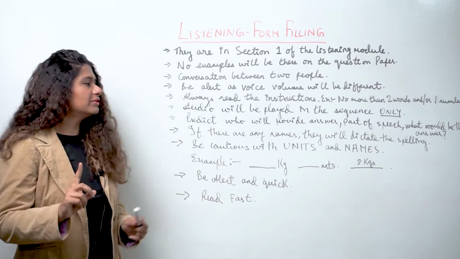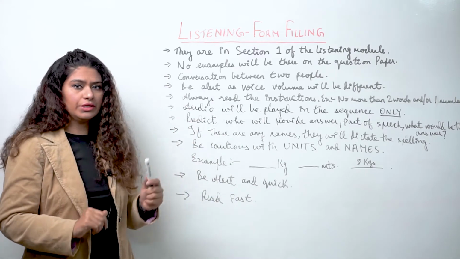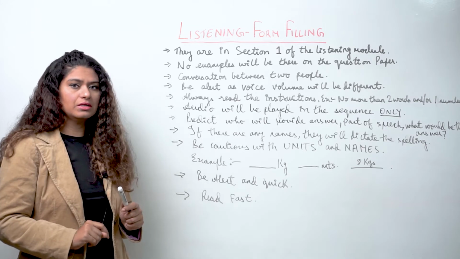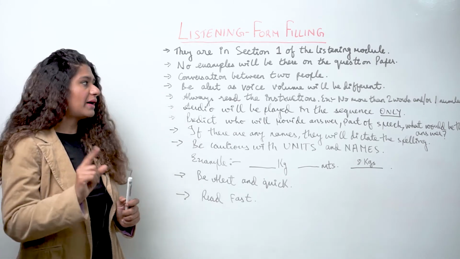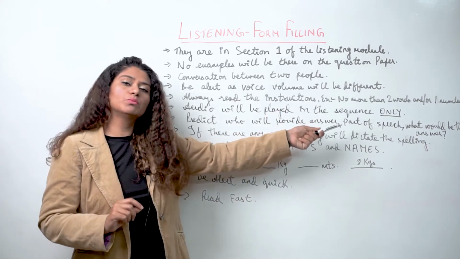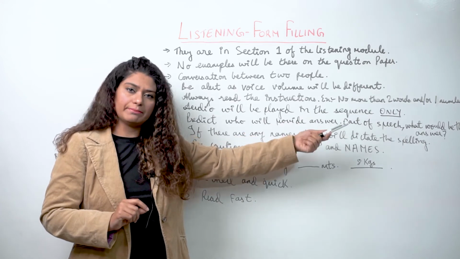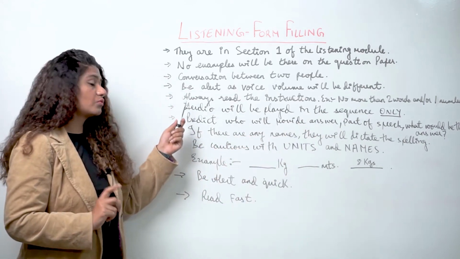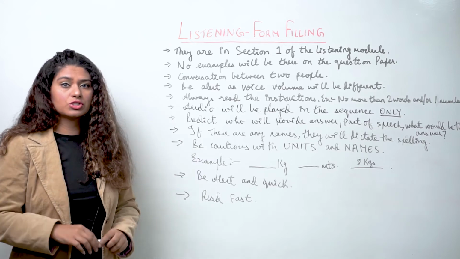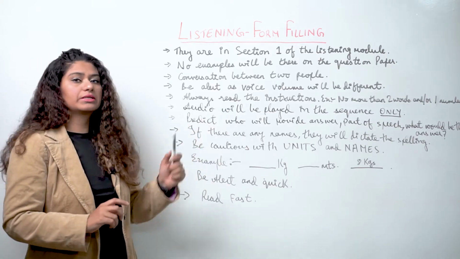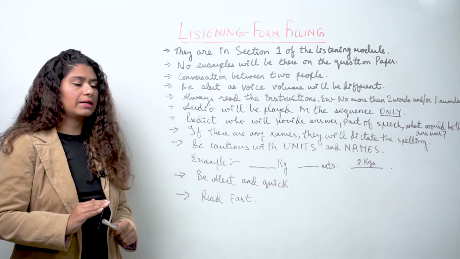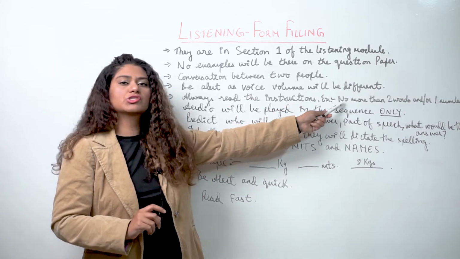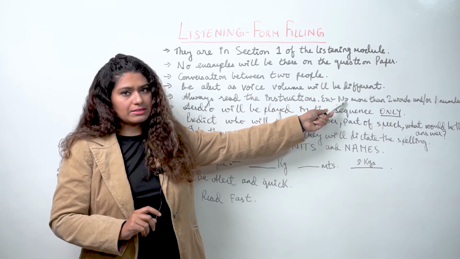If you haven't read the instructions carefully, you might end up giving an answer which you feel is correct, but you have used either more words than required or a number. That is why it is very important for you as a student to always read the instructions and abide by them, because they mostly give you instructions like this in the listening section.